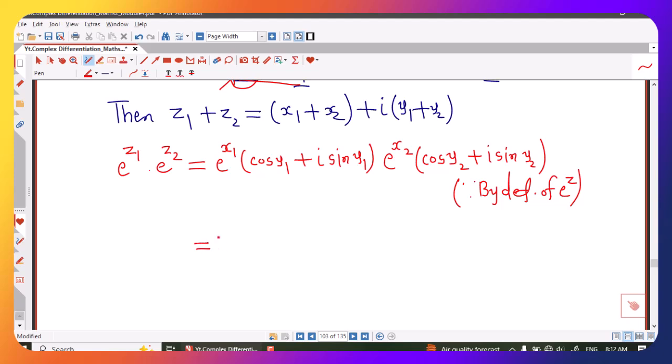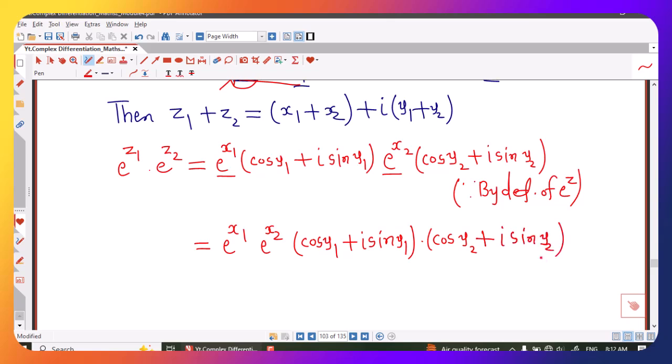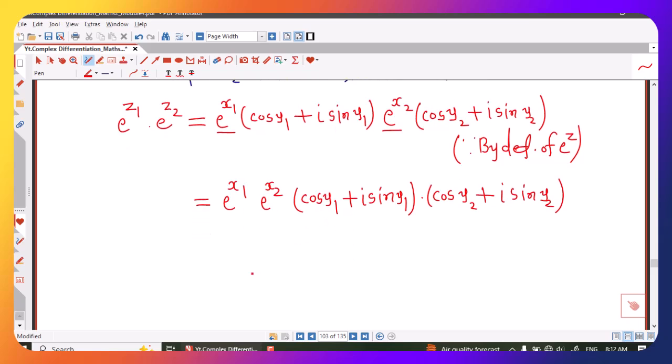Now we can see that this e raised to x1 and e raised to x2 are real exponentials, so we can combine them. First we write them together, and we consider multiplication of these two, cos y1 plus i sin y1, that we will multiply with cos y2 plus i sin y2, and to multiply these two we will use the definition of product of two complex numbers.